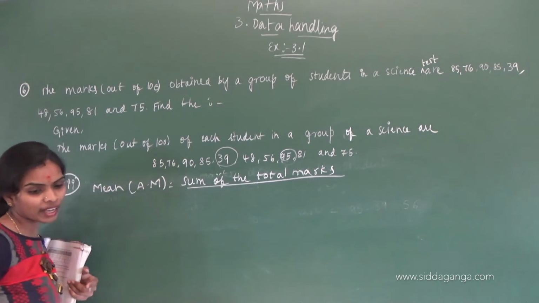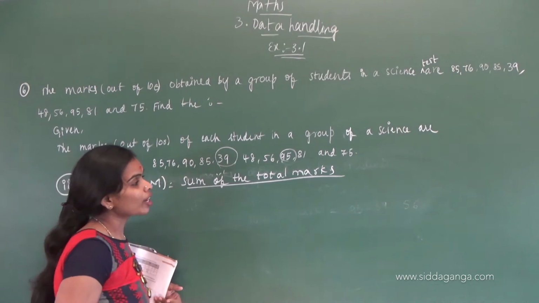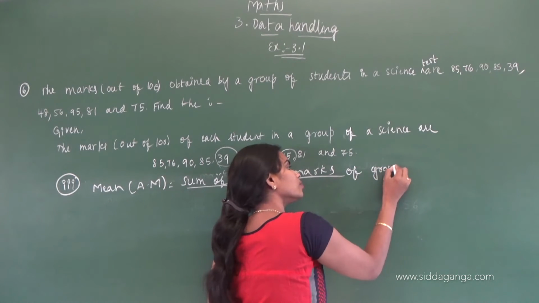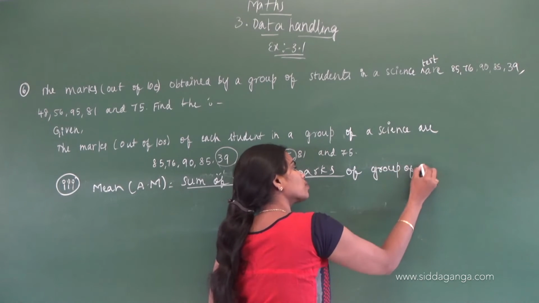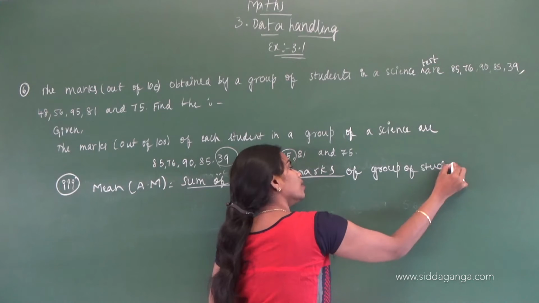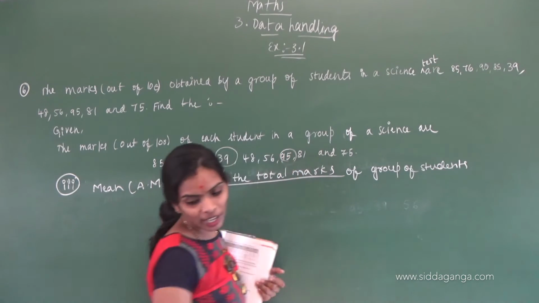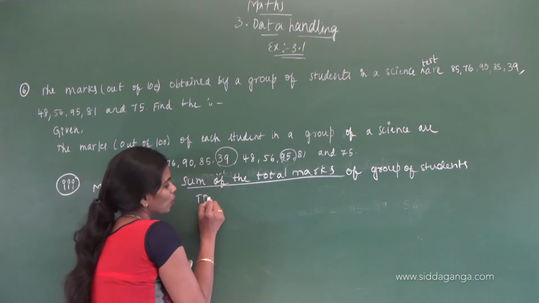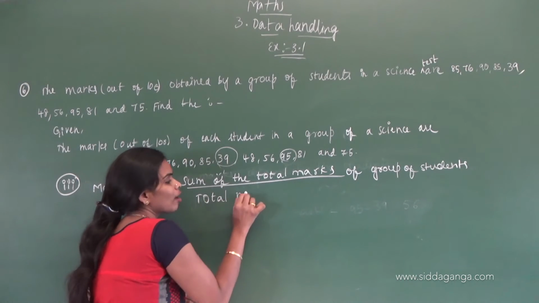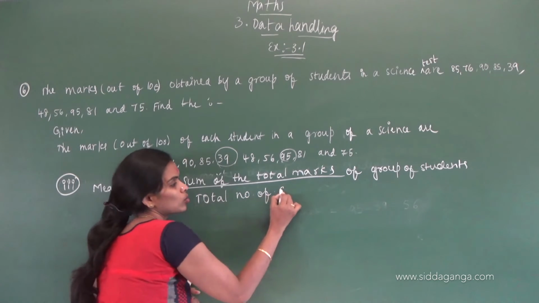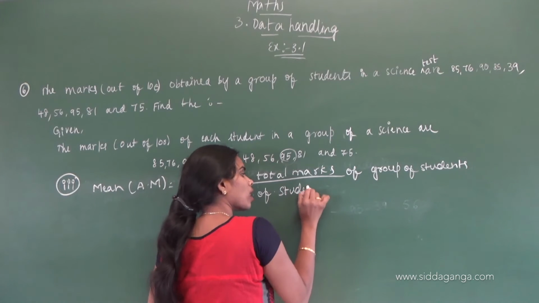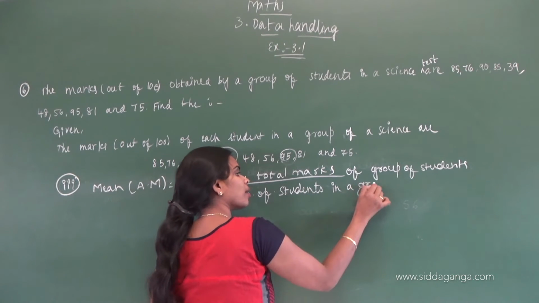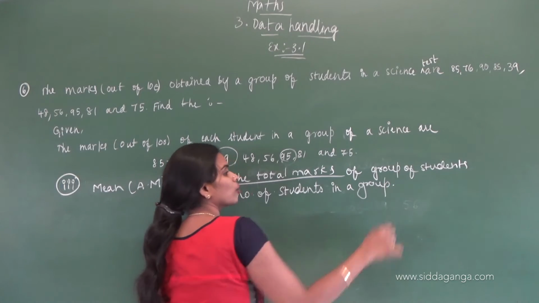That's why I wrote here: sum of the total marks of the group of students divided by the total number of students in the group.